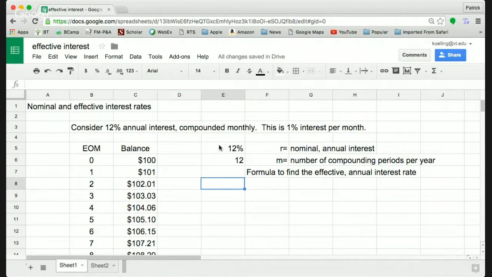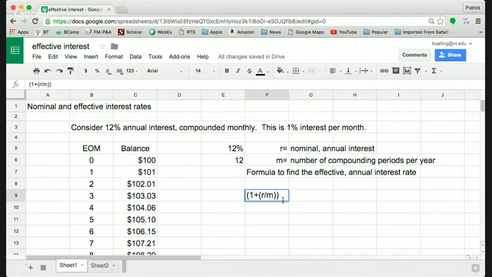The formula to find the effective annual interest rate is given in section 4.14 of the textbook. This is equal to 1 plus R over M. Notice that R over M is this 1% here.